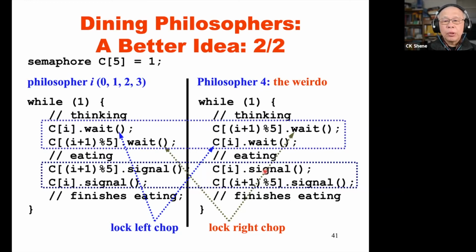As I mentioned earlier, the order of signaling or releasing the chopsticks doesn't matter. So if you wish, you can change the order of these 2. But to keep the code as symmetric as possible, I will always use this version. Please think it over before you continue.